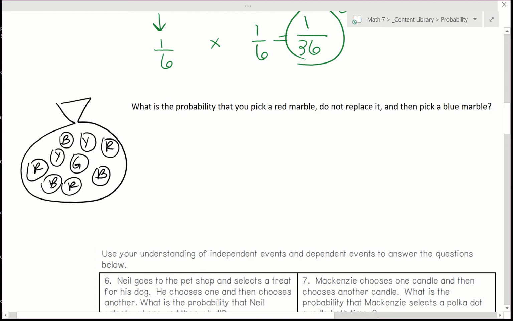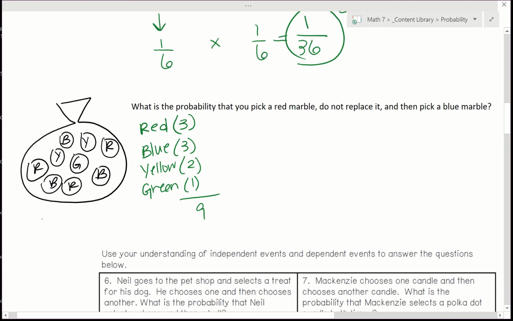So let's see, my sample space: I drew 1, 2, 3 red marbles. Blue marbles, we have 3 blue marbles. There are 2 yellow marbles, and there is 1 green marble. So in total, there are 9 marbles.